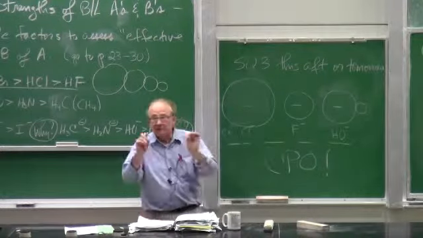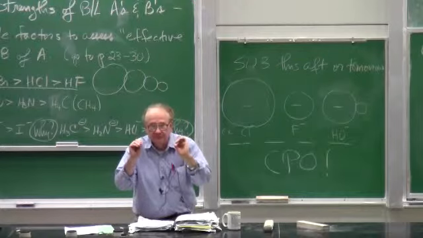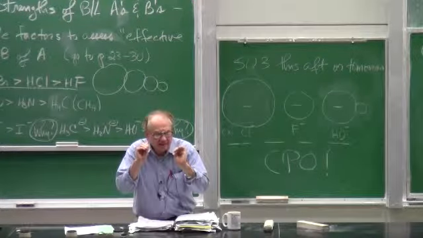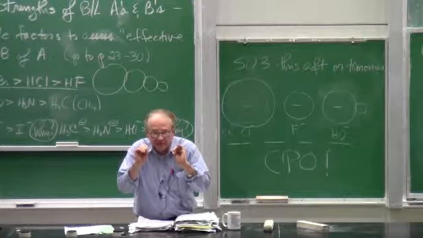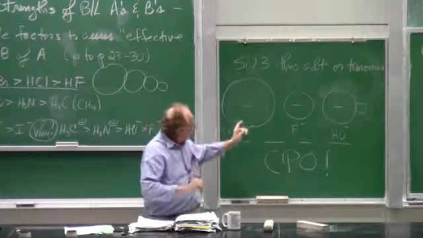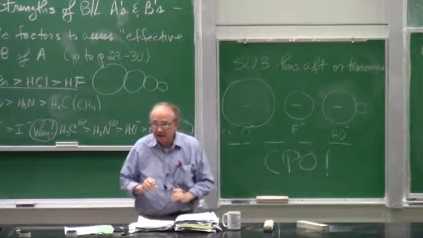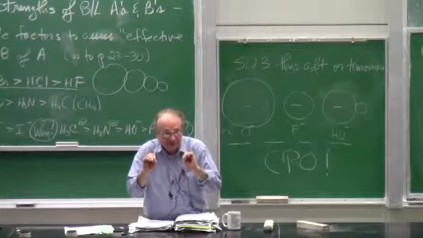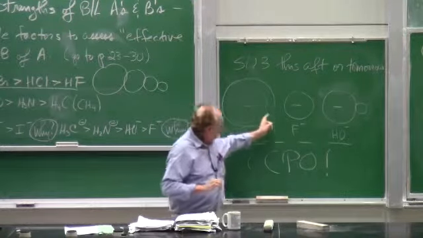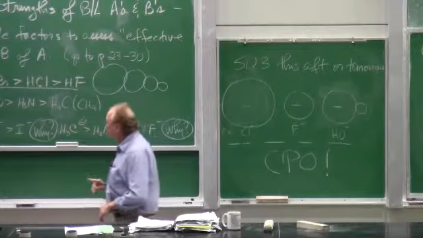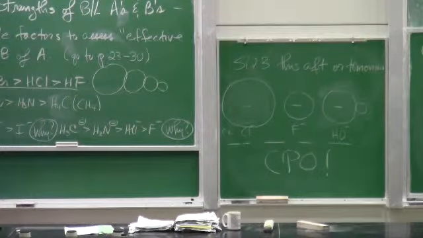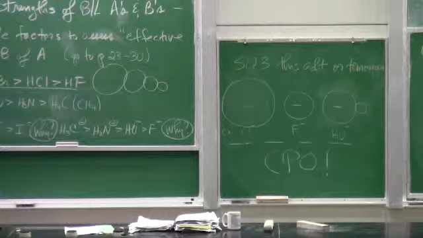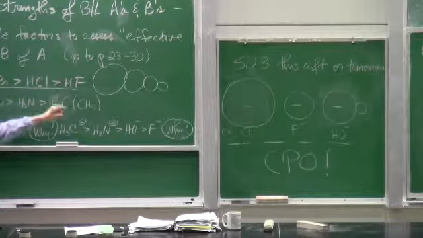So when the size differential is not great, does that sound like that's where you better pay attention to electronegativity? And when the size differential is great, then it's likely size differential is what matters. So with that we can see why the acid strength trend for the halogen acids is HI strongest, HF weakest.